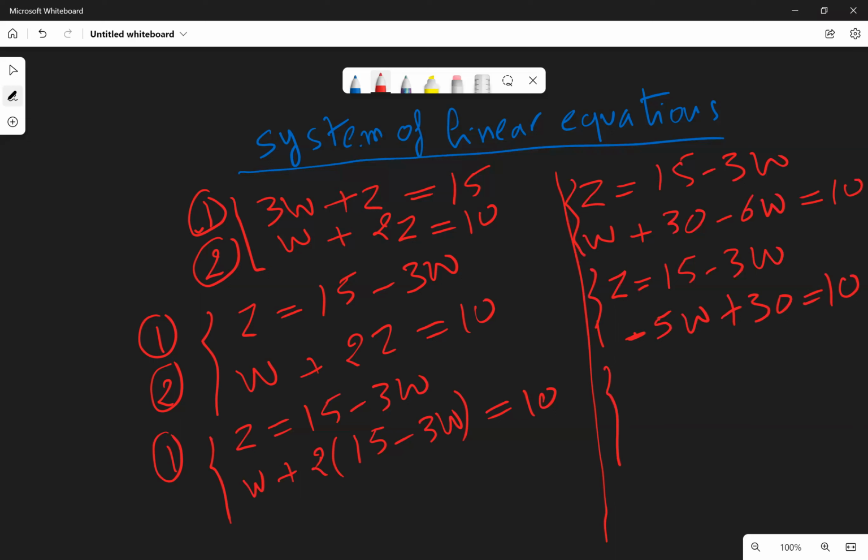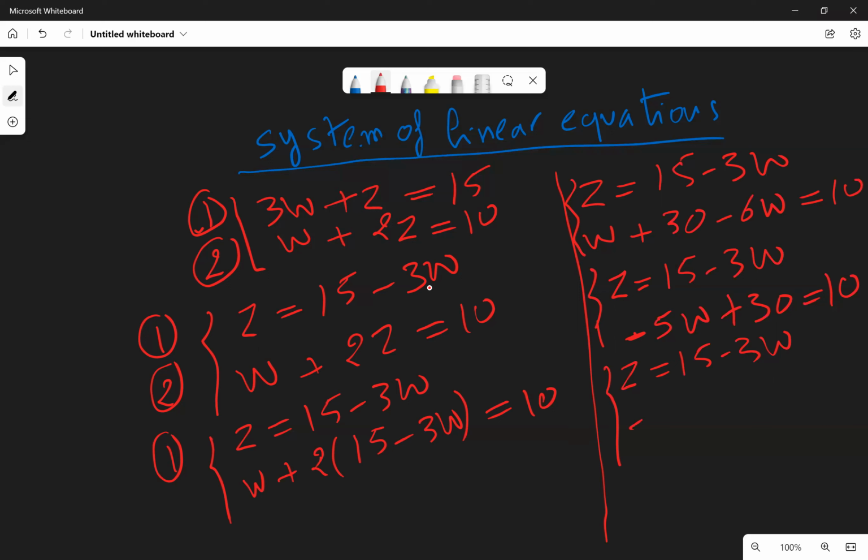Again, leave the first equation the same, z equals 15 minus 3w. So we have minus 5w plus 30 equals 10. On the second equation, we want to get rid of this 30 on the left side, so we have to subtract 30 on the left side and do the same thing on the right side.